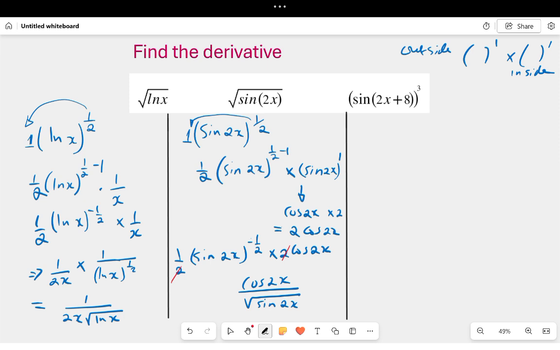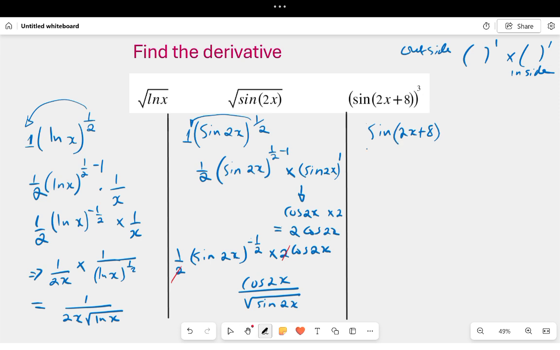Then the next one, just the same rule: the derivative of what is outside, you multiply by the derivative of what is inside. Now we have sine 2x plus 8, all to the power 3.